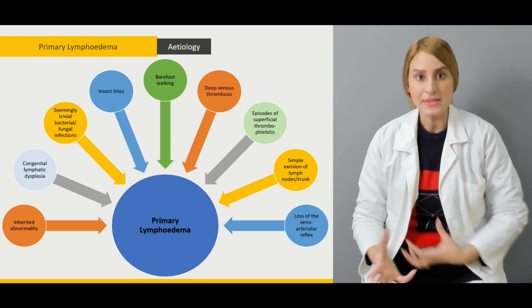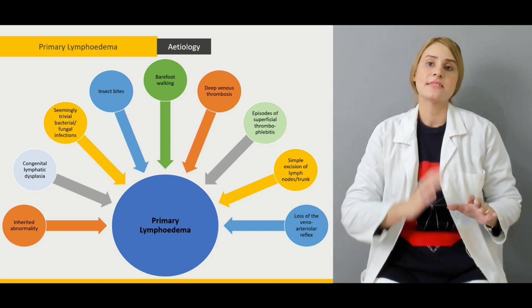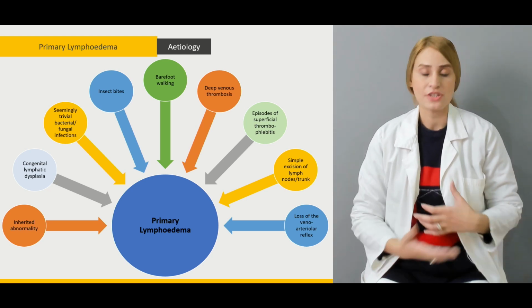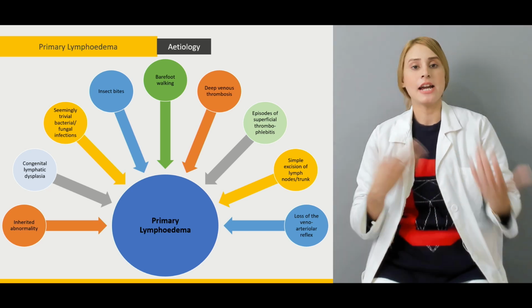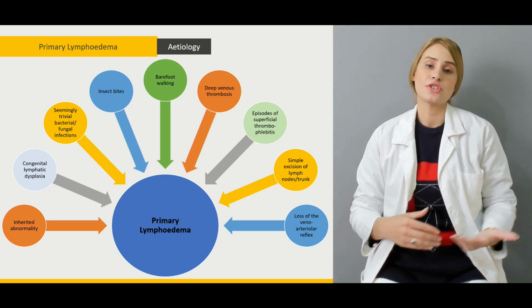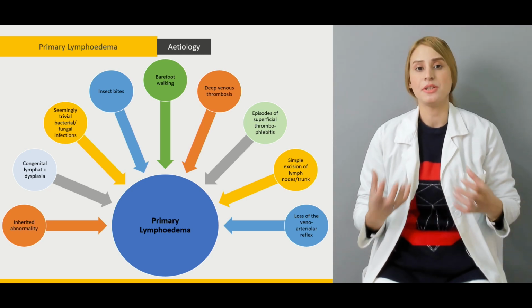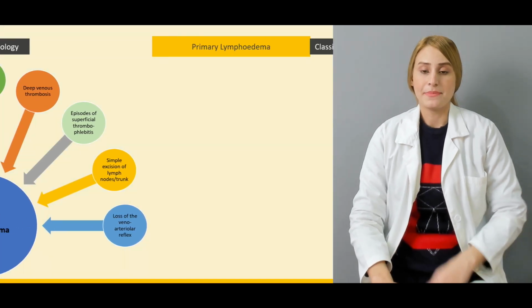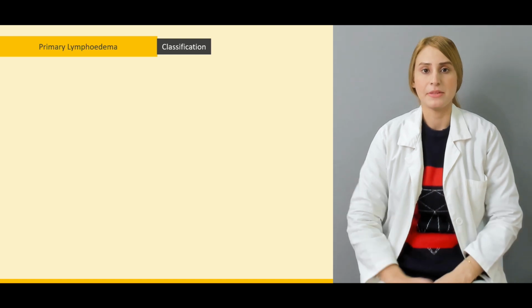And sometimes you also include another entity into this: repetitive bacterial or fungal infections causing lymphadenitis or lymphangitis, and ultimately there would be destruction of the lymph nodes. This usually happens in patients who have some kind of inherited mutations in their lymphatic channels. So remember, this is the etiology for primary lymphedema.